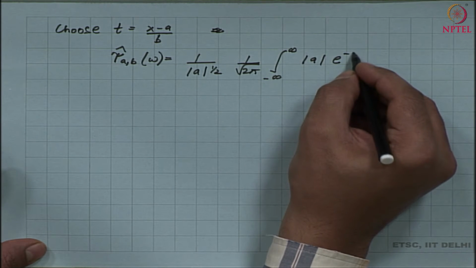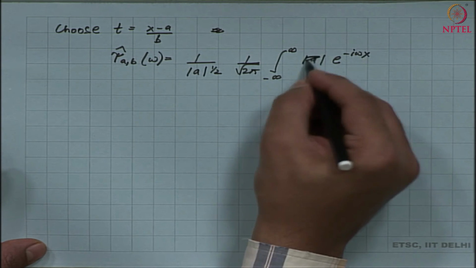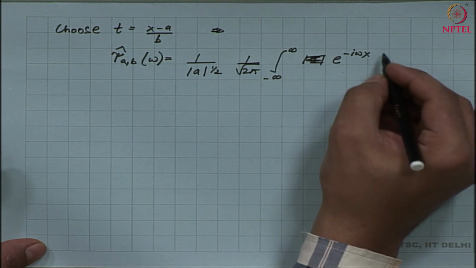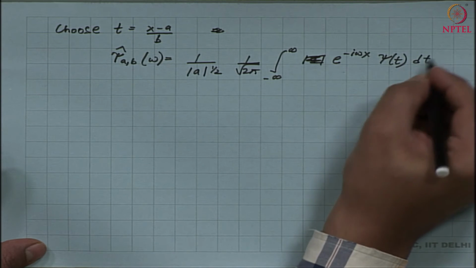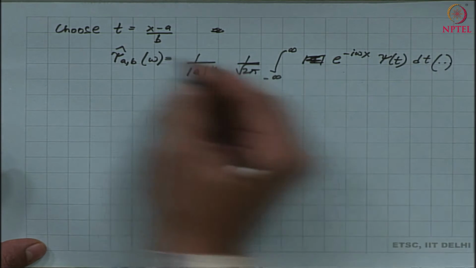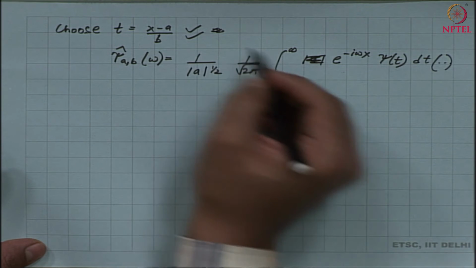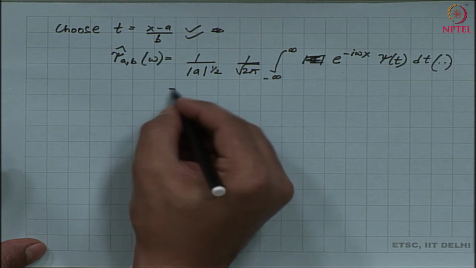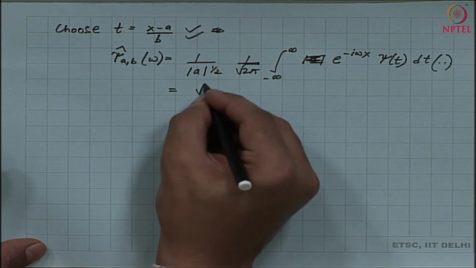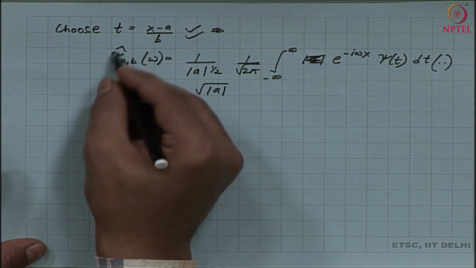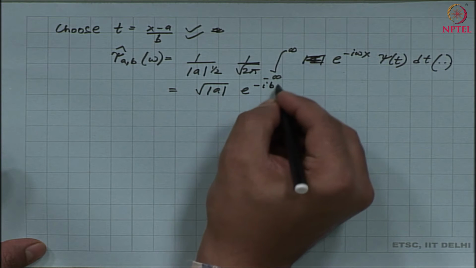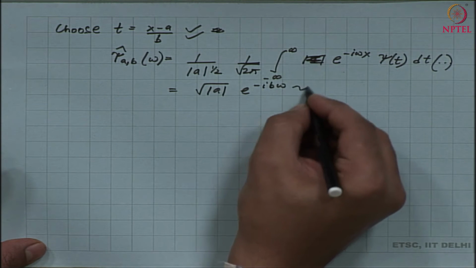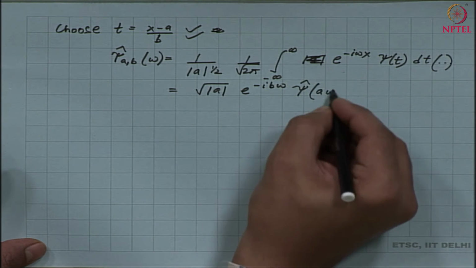I get e to the power i omega x times psi of t dt, times some factor which will come out of this scaling. Okay. So, after all the simplification, I get that the transform of this scaled function is this particular factor times the transform of the original function.